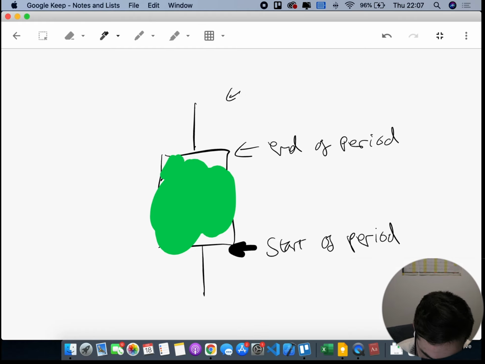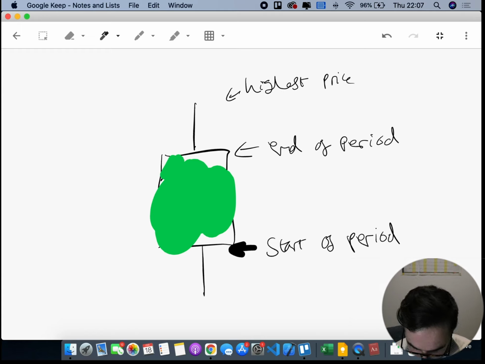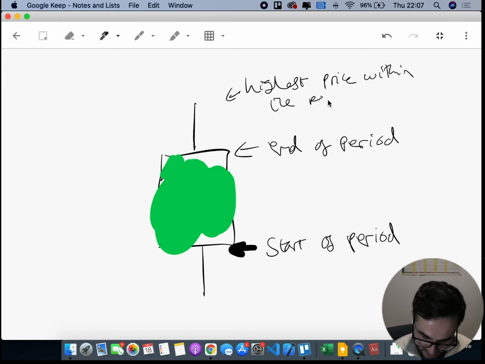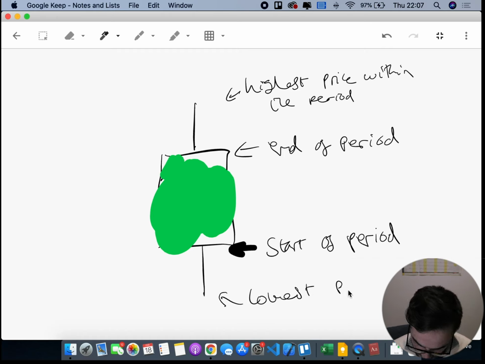This is the highest price within the period, and this is the lowest price within the period.